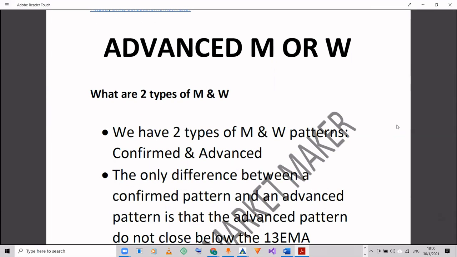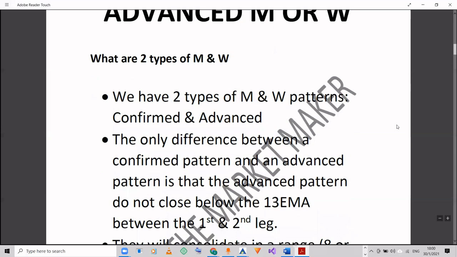Is that the advanced pattern does not close below the 13 EMA or above the 13 EMA between the first and the second leg, meaning that for the advanced pattern there is no apex. What is an apex?